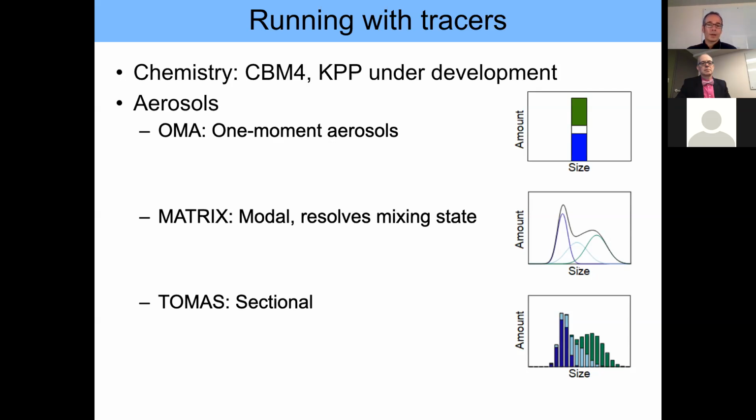For aerosols, we have 3 different schemes. The last one will most likely be abandoned, so we will stick with the top 2. One is OMA, one moment aerosols. The model simulates the aerosol mass only, and then you have to make external assumptions about the aerosol size of this mass, and that will not change with time. The other is called MATRIX, which resolves both the mixing state and the size distribution of the aerosols.